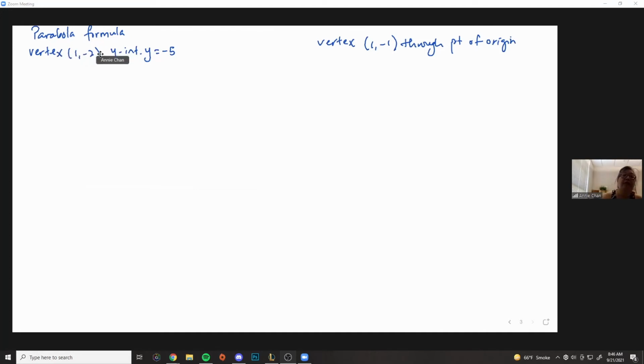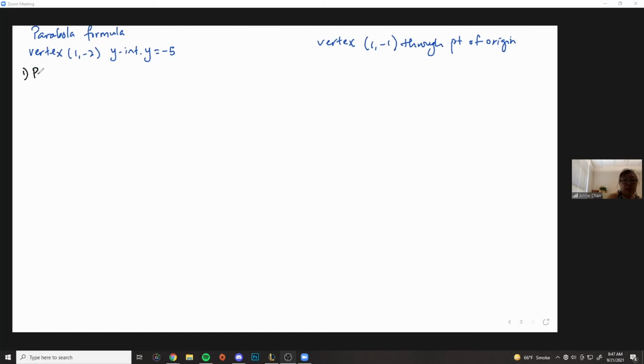So if they give you a vertex and a y-intercept, how do you find the formula for a parabola? Couldn't you put it in vertex form and then find a? Yes, because they give it to you as a vertex, why not just put it into the vertex form equation?